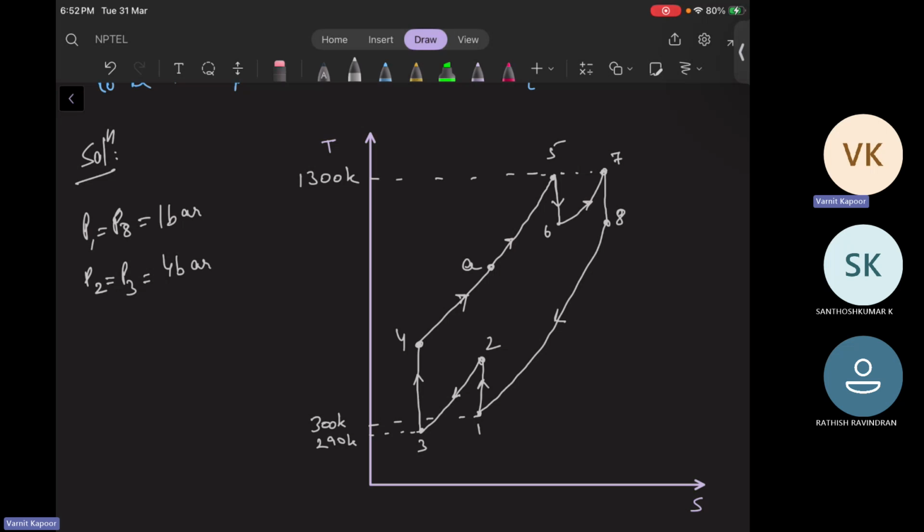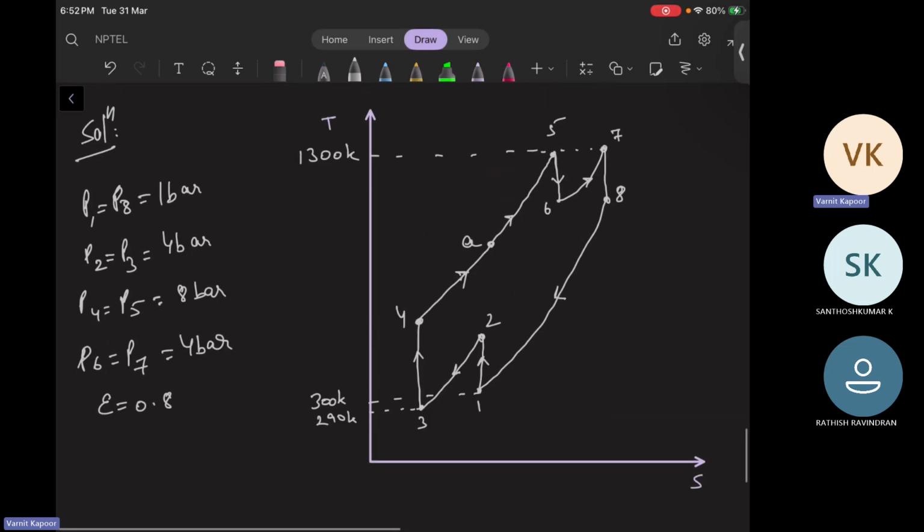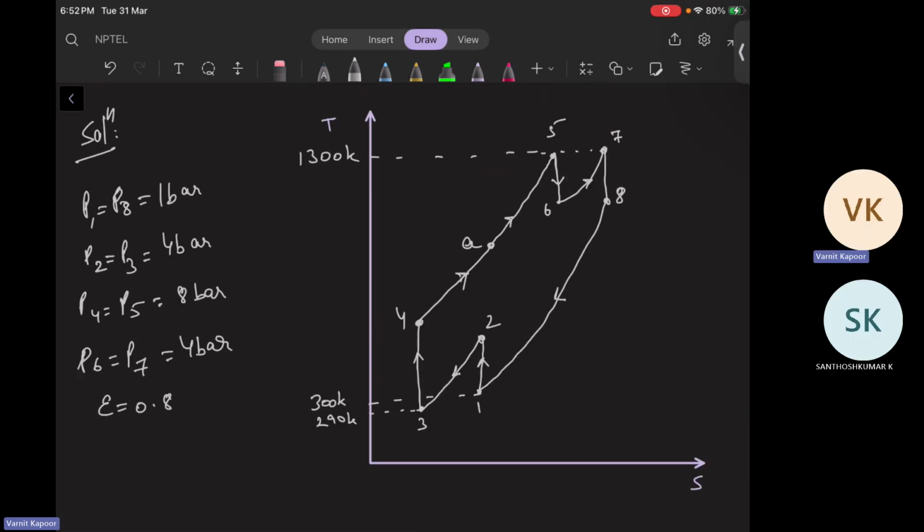Then from the second stage compression, P4 and P5 are given, that is 8 bar. Then the expansion pressure between the turbines is given: P6 is equal to P7, again 4 bar. Effectiveness of the regenerator is given, that is 0.8. And temperatures are given that I have marked on the plot itself.